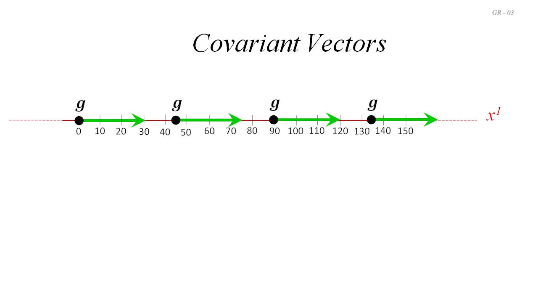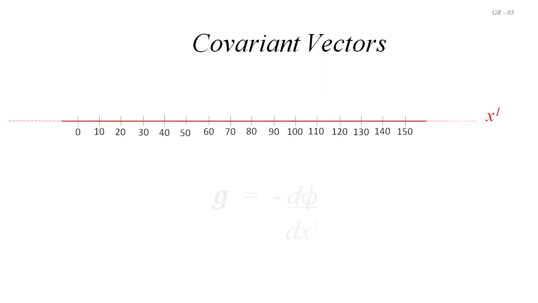In order to explain this, rather than have these dots and equal-sized arrows everywhere to indicate the gravitational field vector g, we will instead put in values of the gravitational potential phi. Now you should remember this from video number 1, where we deduced that the gravitational field at any point is given by minus the rate of change of the gravitational potential with distance or displacement.